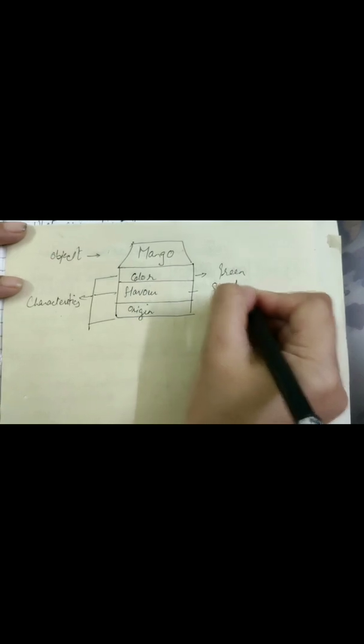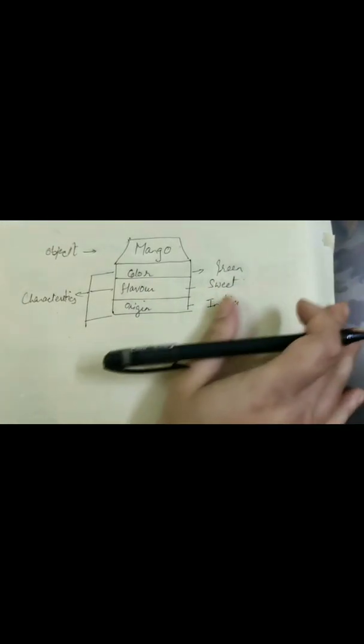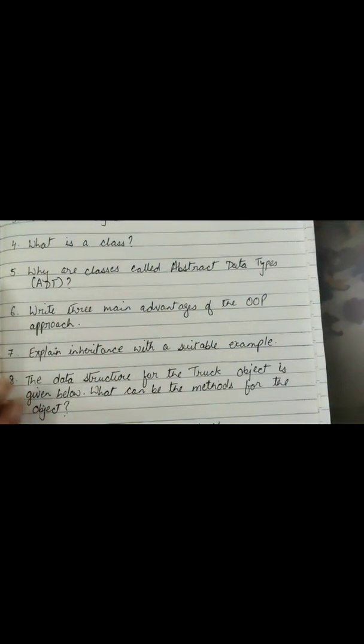Color is green, flavor is sweet, and origin is India. This is the state of an object.